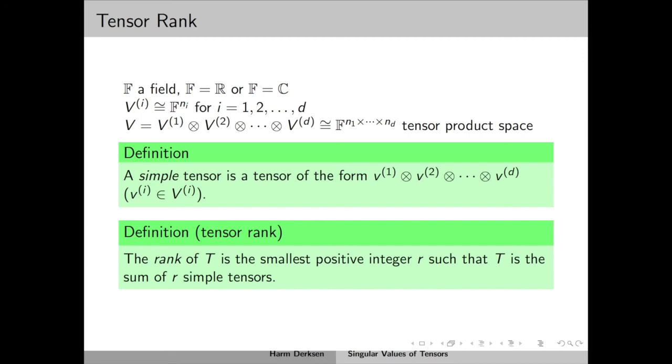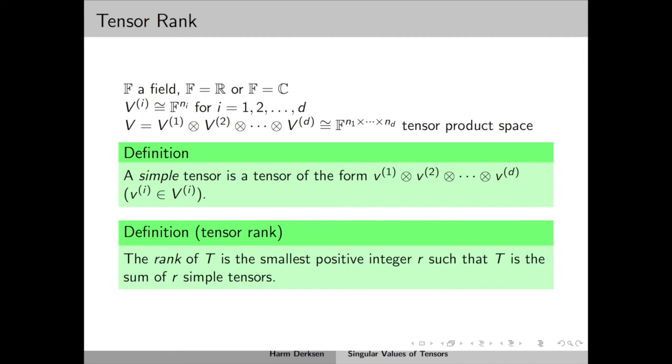And so now we can define the rank of a tensor T as the smallest r such that this tensor can be written as a sum of r simple tensors. Quick question: the notation in parentheses? Oh, that's just an index, because sometimes you get a lot of indices.